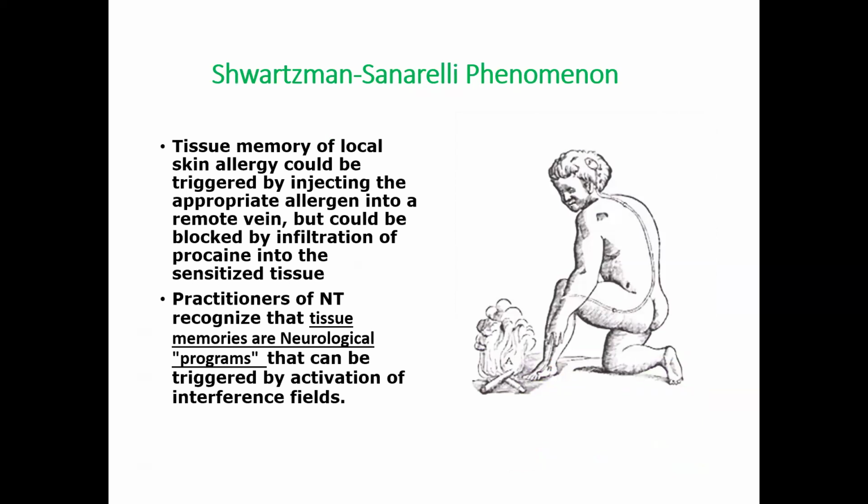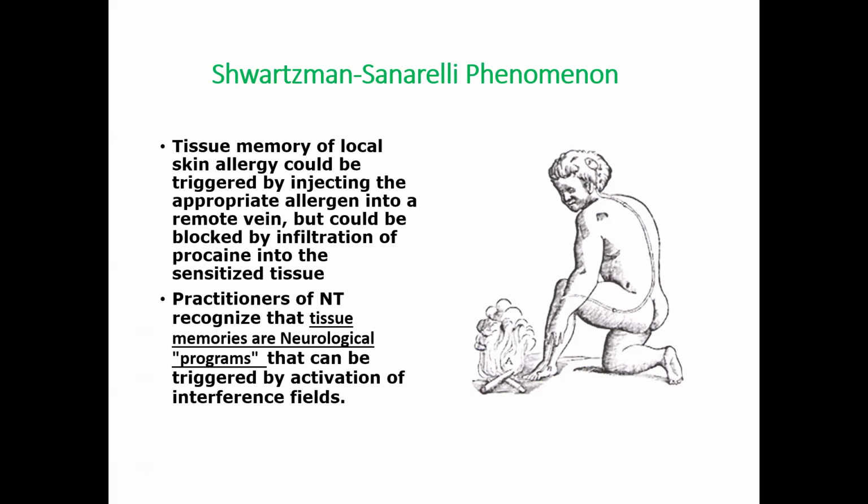Another phenomenon that you should be aware of is what we call the Schwartzman-Sanarelli phenomenon. Basically, what this phenomenon means in a nutshell is tissue memory. Every one of us has a tissue memory. So, if you get injured, your tissues will memorize this type of injury.